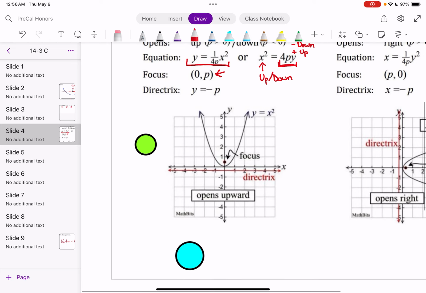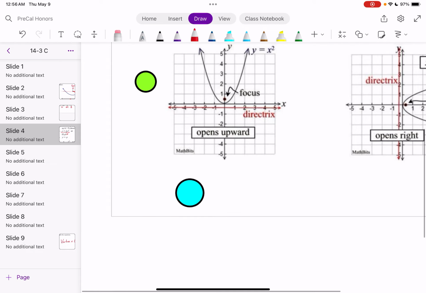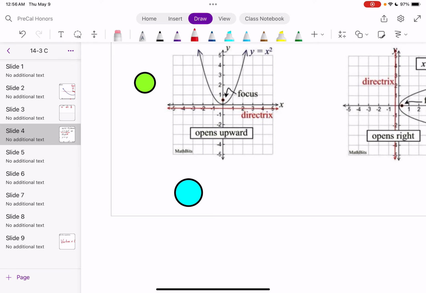We're going to go ahead and start with a sample problem, with the example of x squared is equal to 12y. In this problem, we're first going to take a look at the beginning part of our equation.